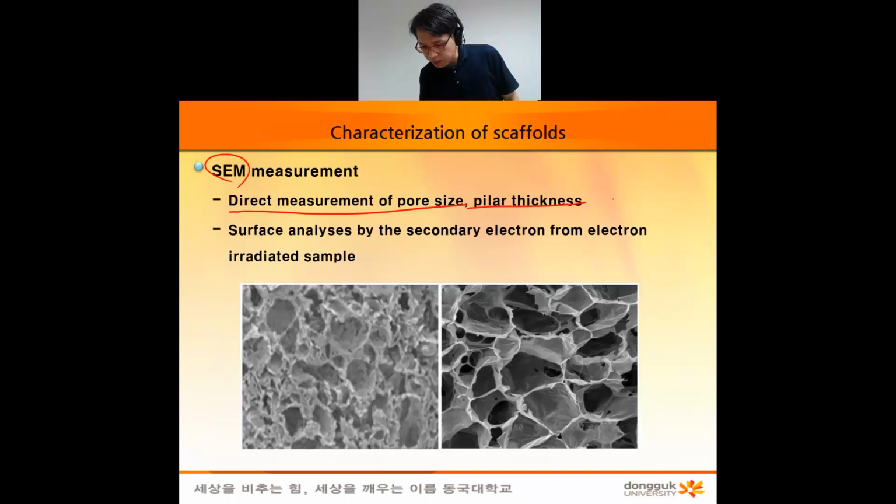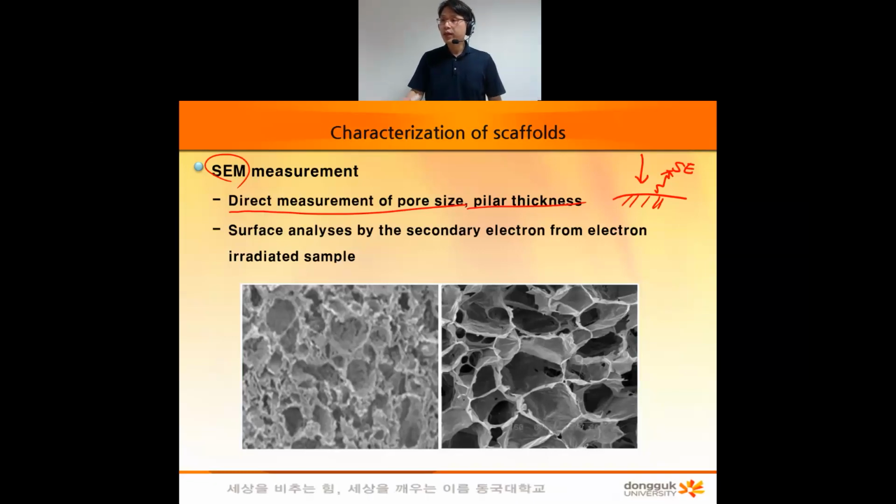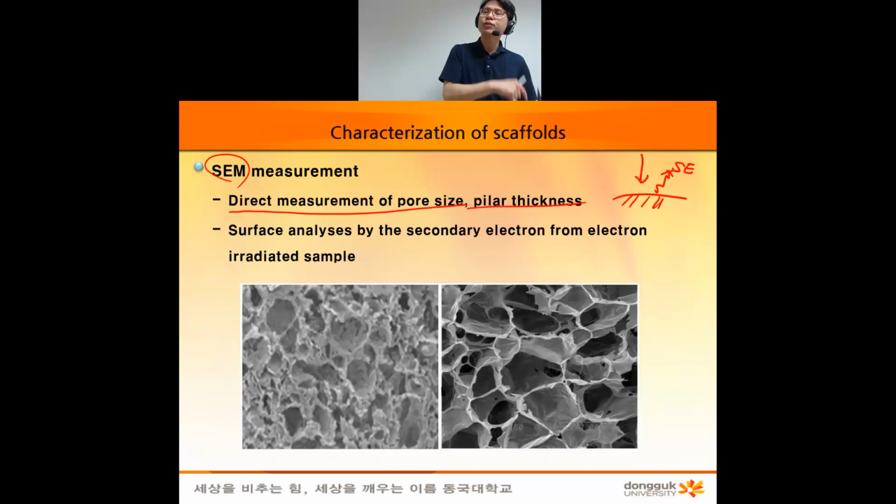This is sample. There comes electron beam. The electron beam radiated samples irradiate secondary electron. And then the secondary electron is very sensitive to the surface topology of samples. By this way, the detectors convert the secondary electron signals to the surface topology of sample.